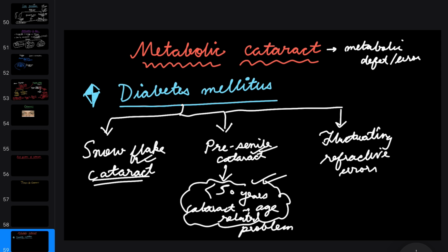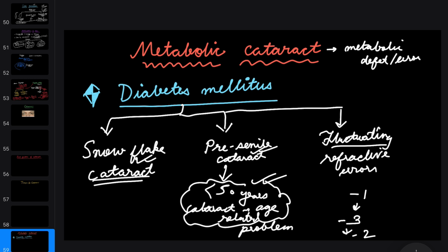This means that I have a power of -1 in my eye. I'm also a patient of diabetes mellitus. Next month, suddenly my power goes and becomes -3. Next month, it becomes -2. So my power is fluctuating. My power as in the power of my eyes, that is the refractive power.